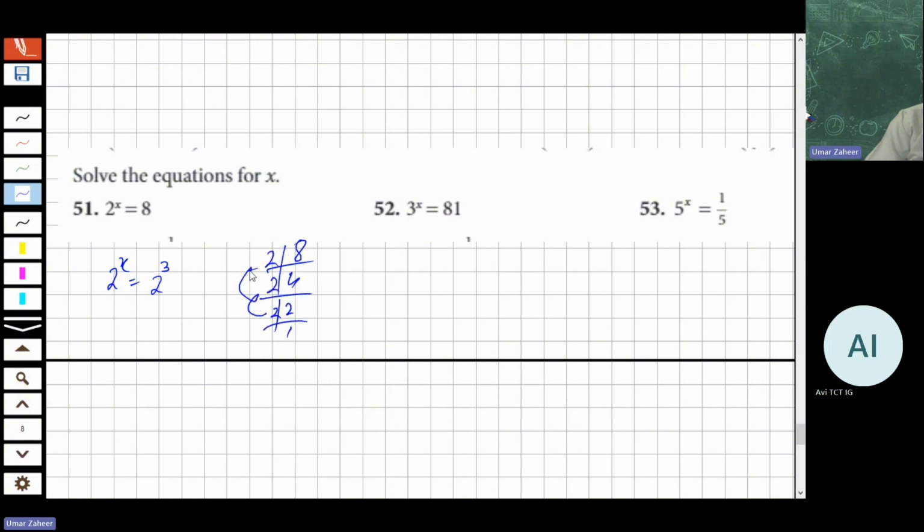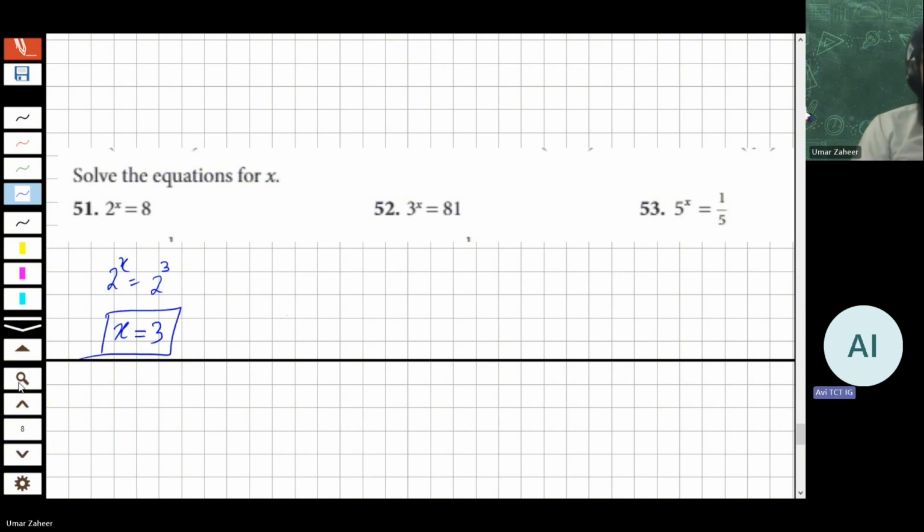You will get 2 multiplied by 2 multiplied by 2, which is 2 raised to power 3. Now look at the numbers: the bases are the same and the numbers are equal. This means that x must be equal to 3.